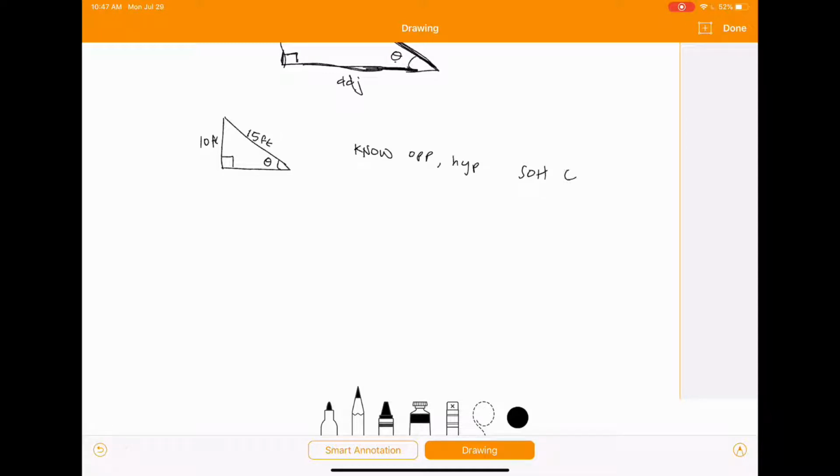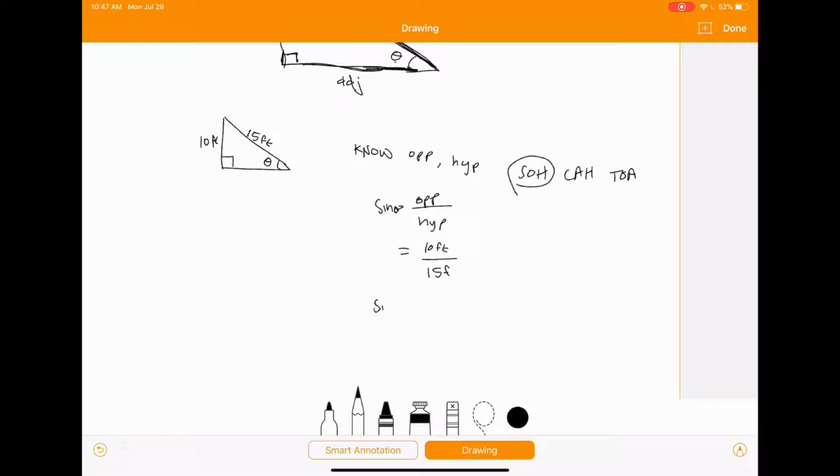If we look at SOHCAHTOA, sine is the one that uses our hypotenuse and our opposite side. So sine equals opposite over hypotenuse, which is going to equal 10 feet over 15 feet.